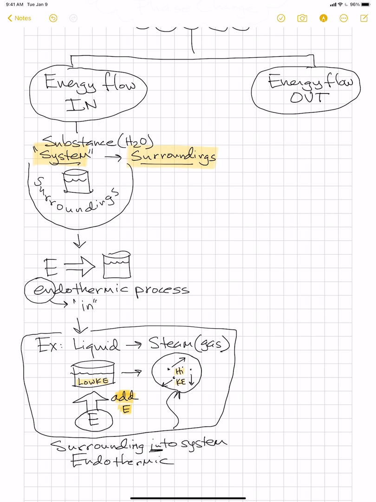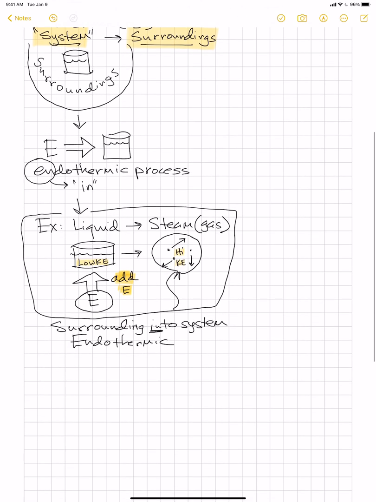So what are the endothermic processes then? Well, there are a few. If you want to melt water, melting is endothermic. What's another one? If you want to boil water, that would be vaporization. You have to put energy into the system.